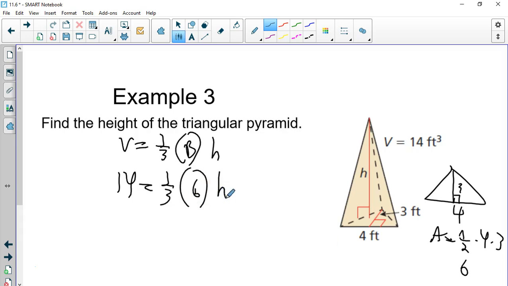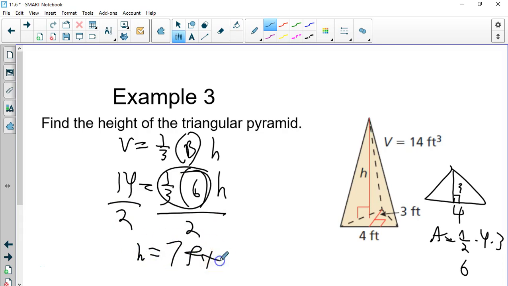So I'm going to work backwards again. 1/3 of 6 is 2. So I'm going to divide both sides by 2 and find out that the height is 7 feet. If you need to take the extra step of writing it out, that's fine. It'd be 14 equals 2h, and then you divide.